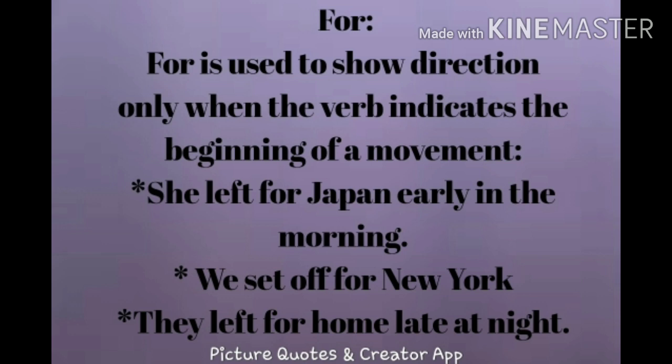As I already explained, this example shows that it is used in front of a direction, and you have to remember one thing: only when the verb indicates the beginning of a movement. Here the sentence indicates that the journeys are at the beginning, and in front of the place where they are going, for is used.